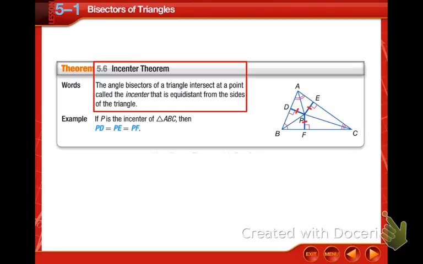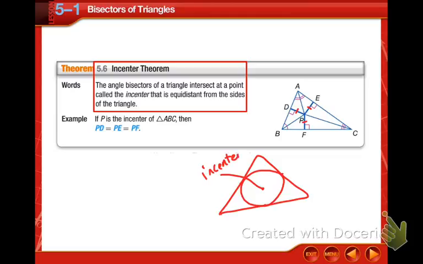The main reason for this, by the way, is that the incenter is where a circle inside of a triangle would be centered. This is the incenter. The circumcenter is the other way.